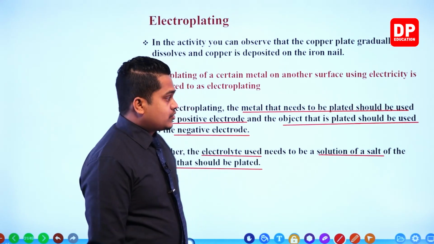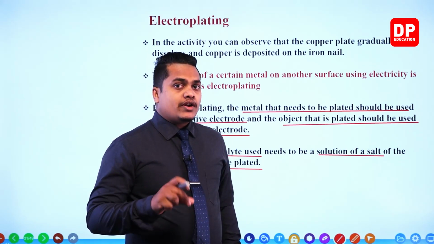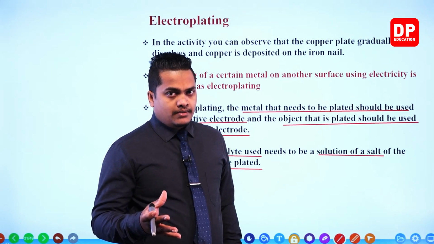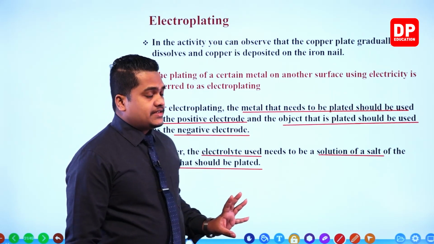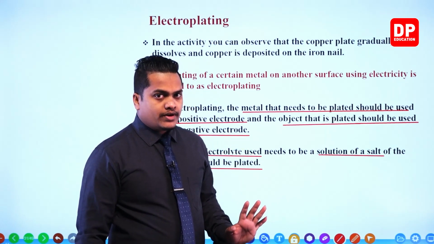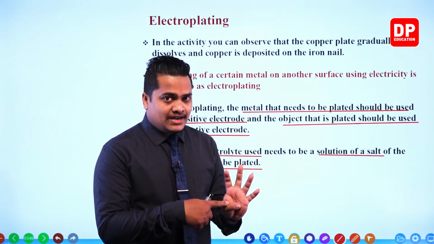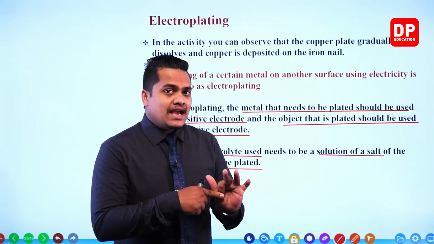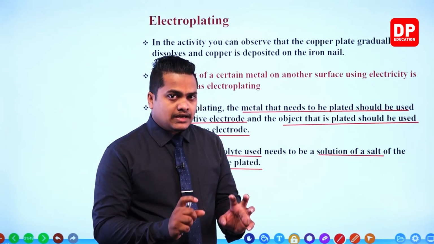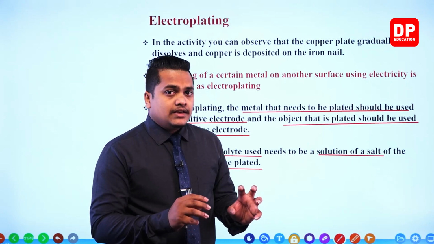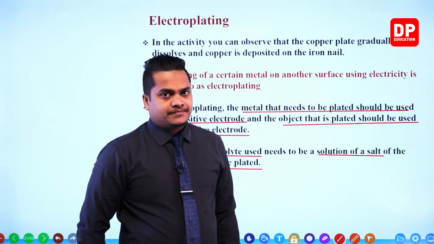Once more, electroplating is the process of plating a certain different metal on another metallic object by providing electricity. When doing the process of electroplating, it's important to use the object as the negative terminal, use the plate as the positive terminal, the metal which needs to be plated on the particular object, and we have to use an electrolyte that has the same particular metal.